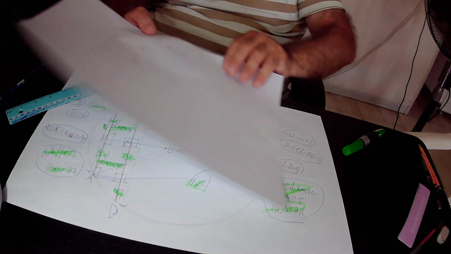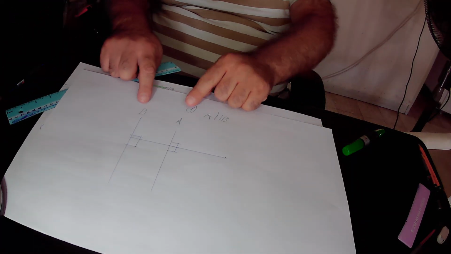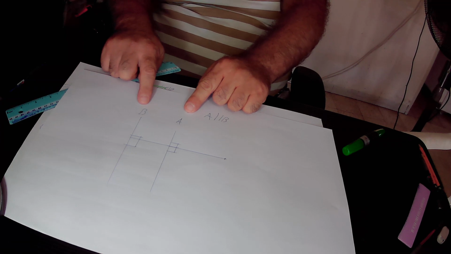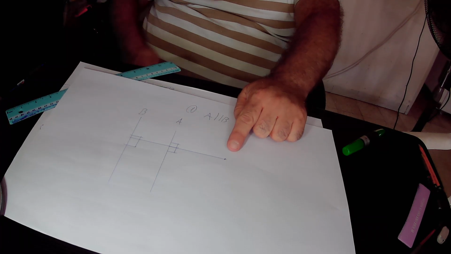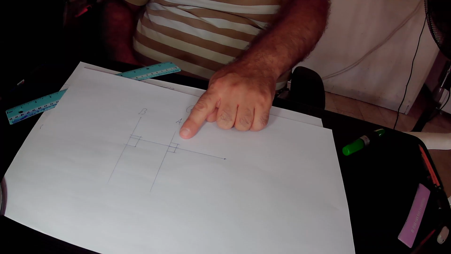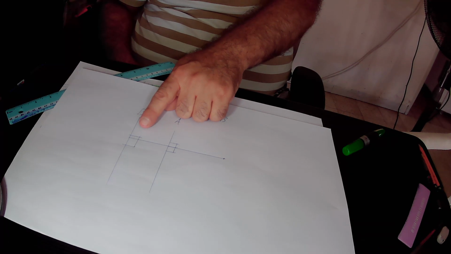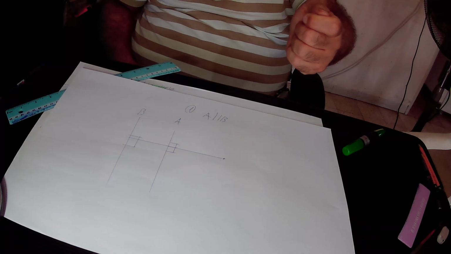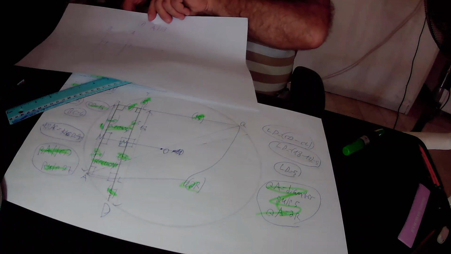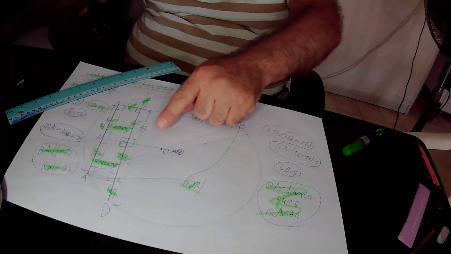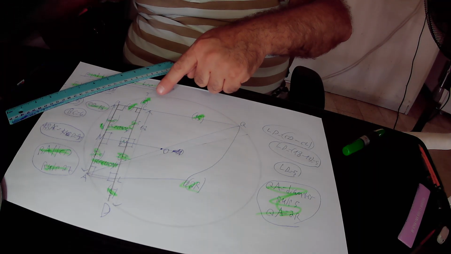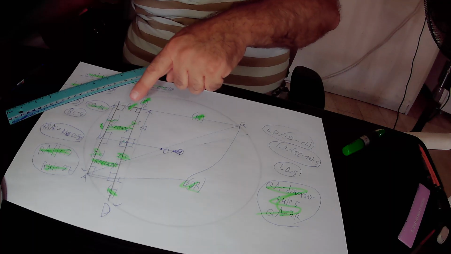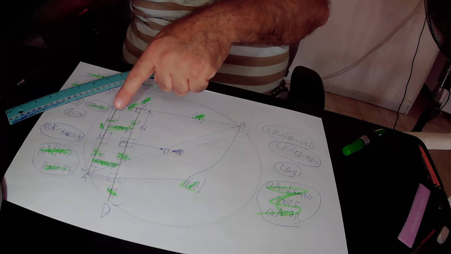Because if we have two lines that are parallel to each other, that is, line A is parallel to line B, and from a point we go perpendicular to line A, the extended perpendicular will also be perpendicular to line B. Therefore, the extended perpendicular OM to line segment CD must also be perpendicular to chord BA.